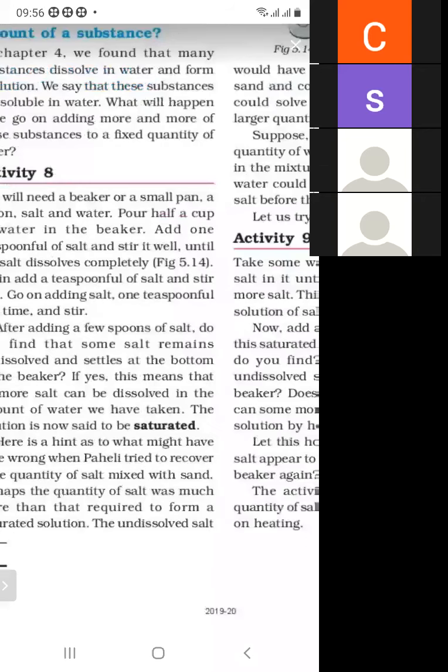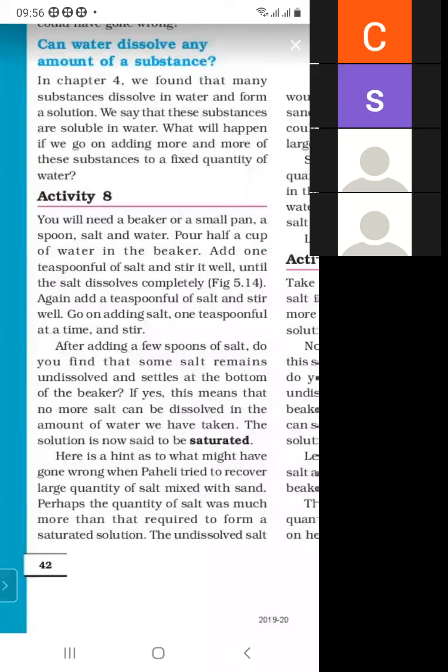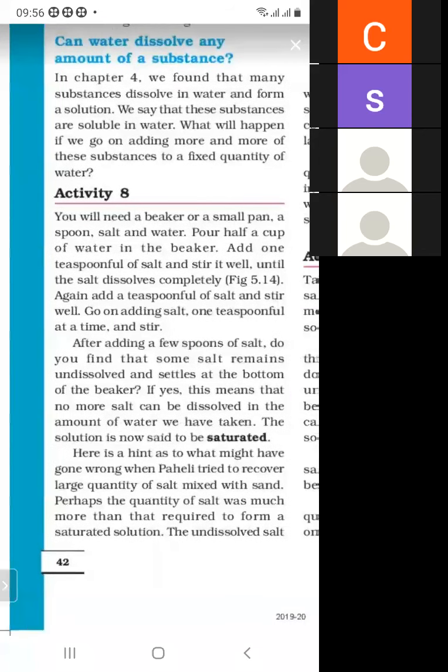We will study this in activity 8. For activity 8, you will need a beaker or a small pan, a spoon, salt, and water.